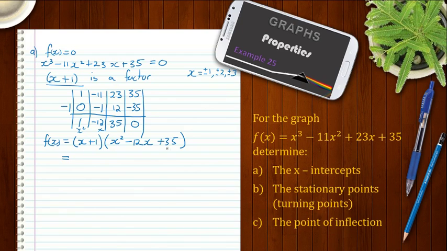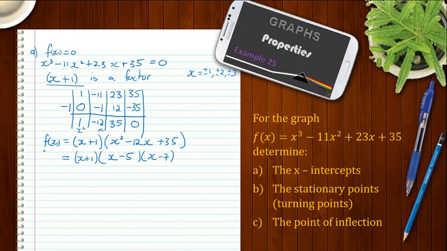So I take the factors of 35 and ask what can give me negative 12. The factors of 35 that can give me negative 12 are 5 and 7. So just copy this: x minus 5 and x minus 7. I'm assuming that you can factorize like this at this stage.